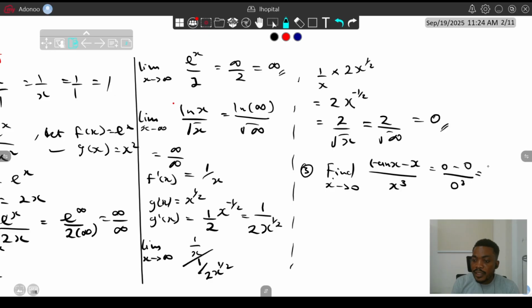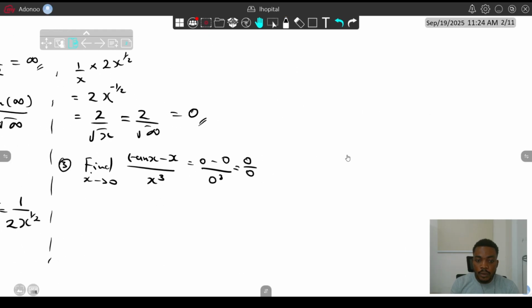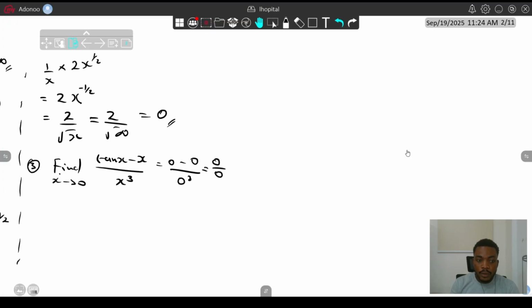And we have the indeterminate form 0 over 0. Therefore, we can apply L'Hopital's rule, right? Great.